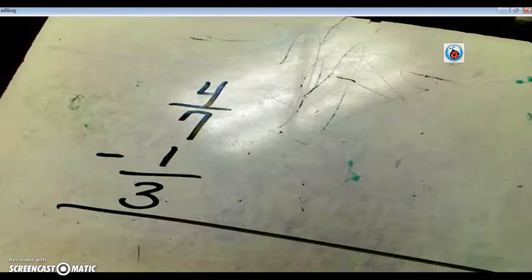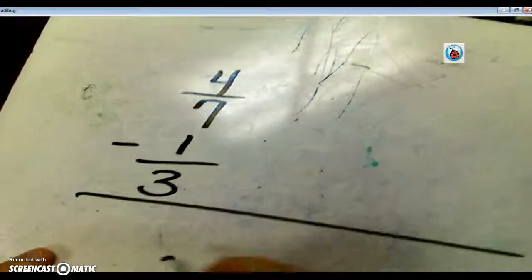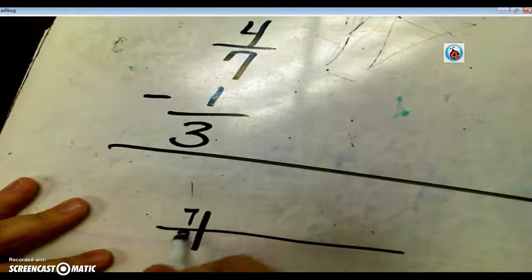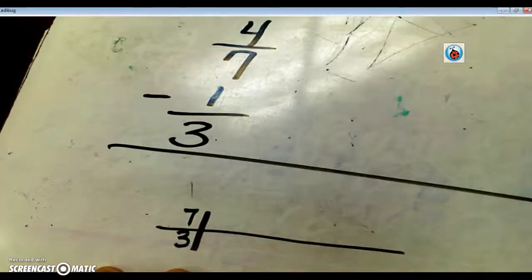Perfect. What numbers am I going to use, Hayden? What numbers am I finding the least common multiple of? 7 and 3. Okay. All right. Caleb H., tell me the multiples of 7.